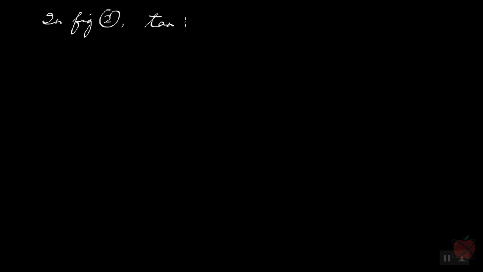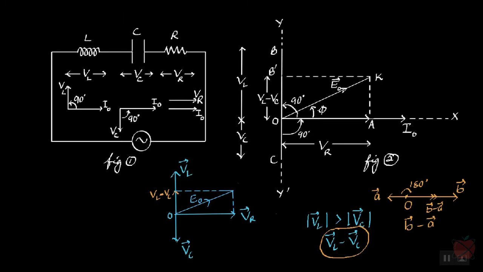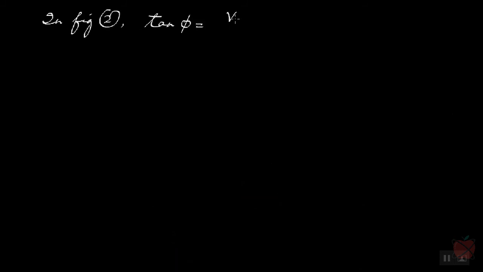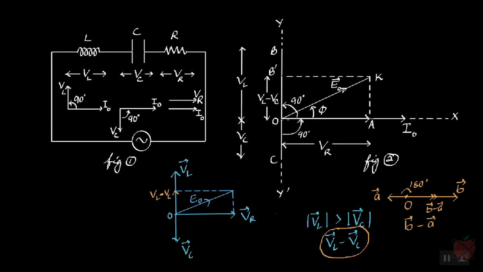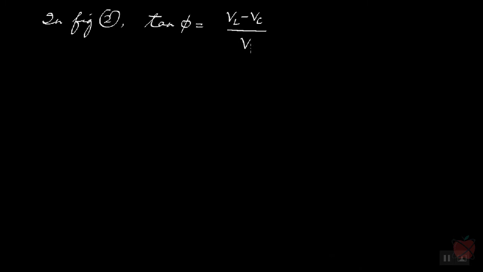tan of phi is what? What will be tan of phi? Just have a look. Tan of phi will be perpendicular by base. That means AK by OA. But what is AK? AK is VL minus VC, by OA. OA is VR. Understand?